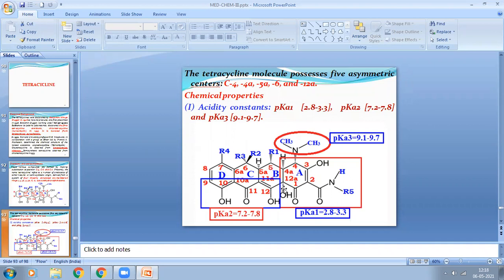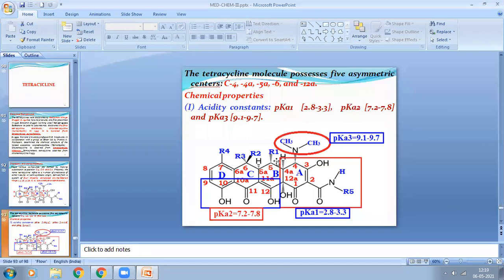So here two rings remain, and this cyclic ring is attached with another ring.